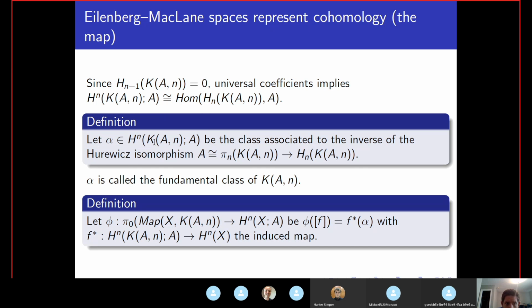So alpha is going to be in this cohomology group, which we've said is isomorphic to Hom, in the category of abelian groups, from homology into A.